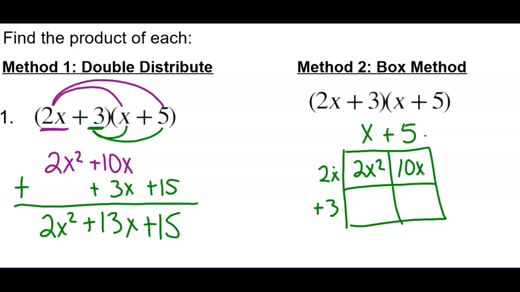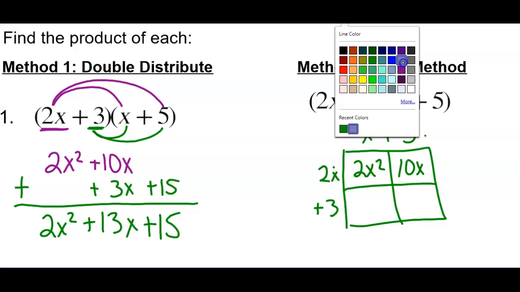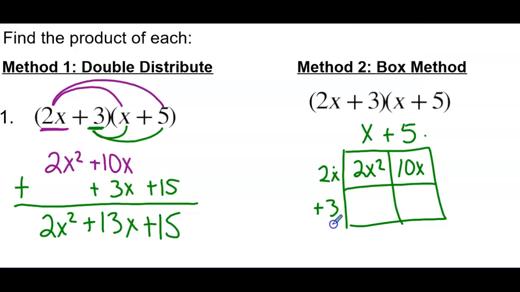Just like before, 3 times x now is going to give me 3x, and 3 times 5 is going to give me 15, a positive 15.